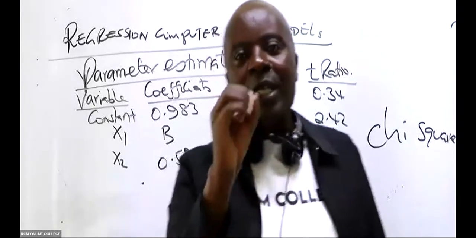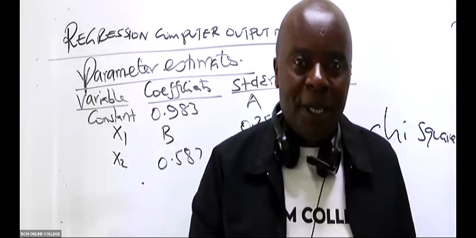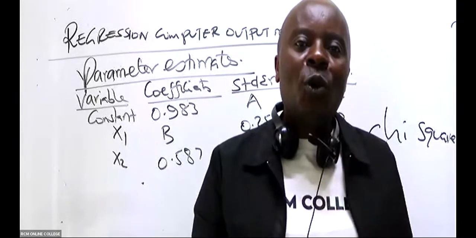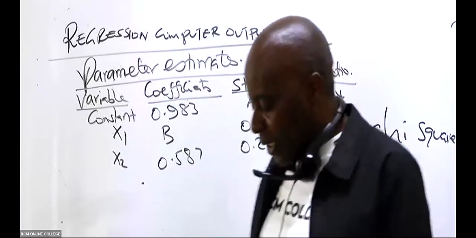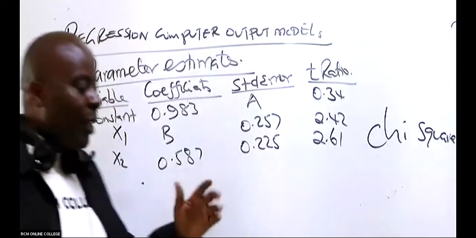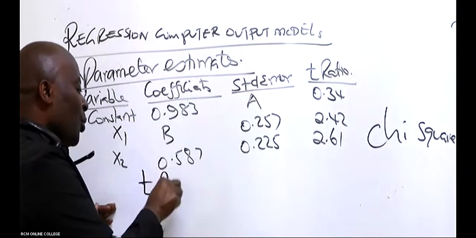Now, this student T table was discovered by a student like yourselves. So then we need to know how to calculate what we call T ratio. How do we get the T ratio from this? Before we go to the table, if you remember very well, we were calculating T ratio.